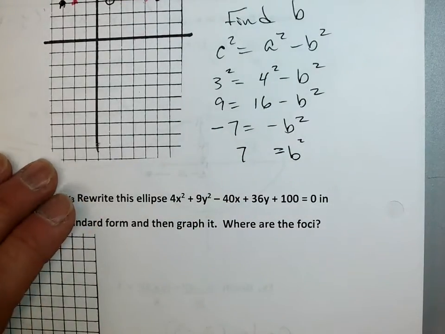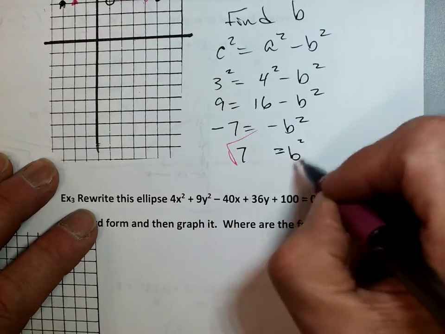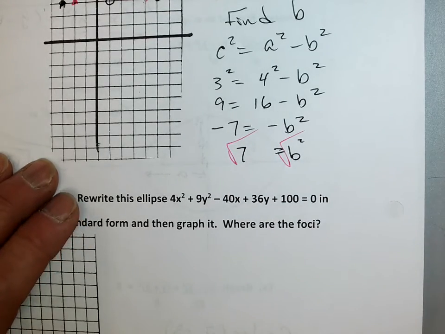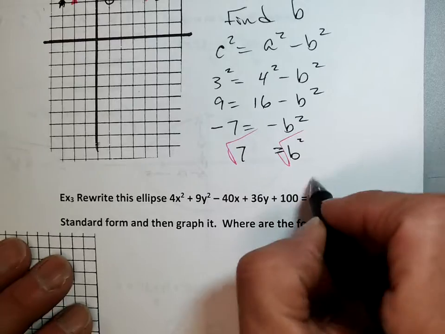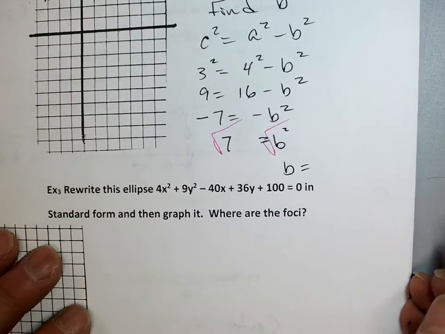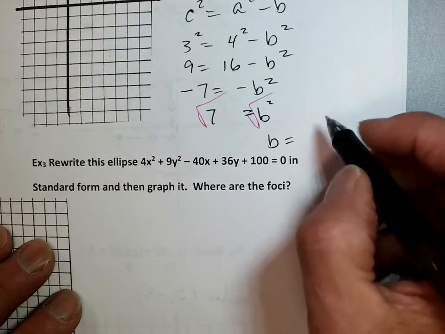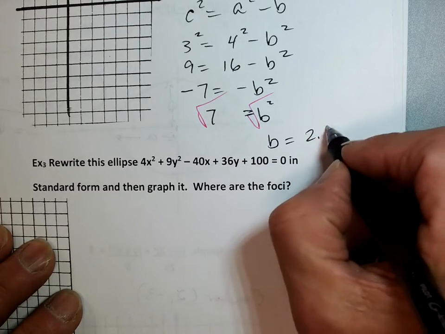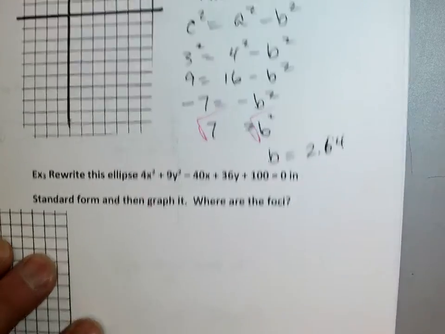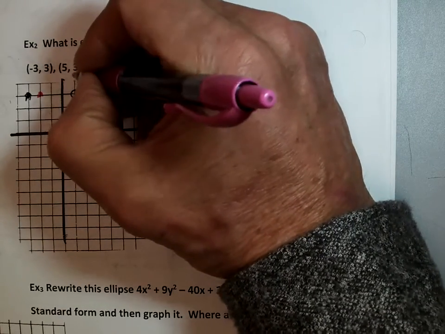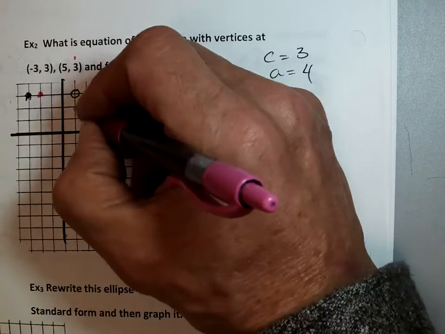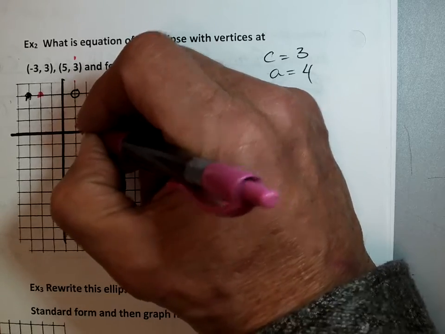Square root of 7, right? 2.6 maybe? Somebody maybe have a calculator? What's the square root of 7? What did you get? 2.64. Okay, so I'm just going to go from here up 2.64 estimate, and down 2.64 estimate, right? And then I should be able to draw in my ellipse.